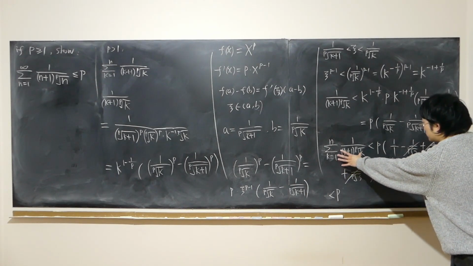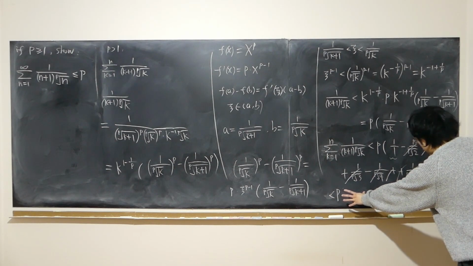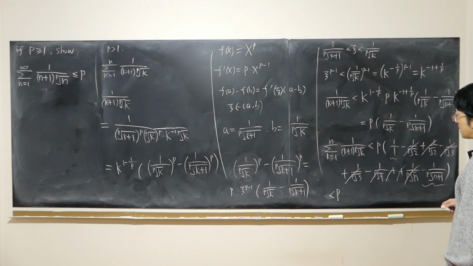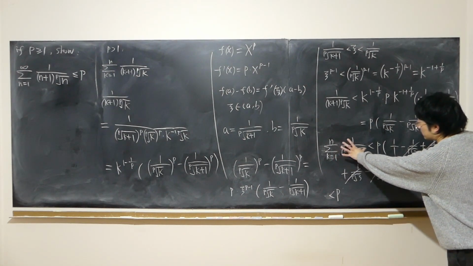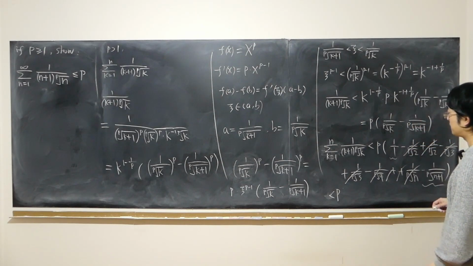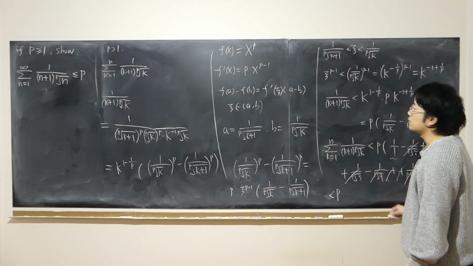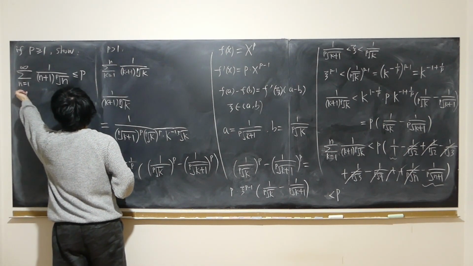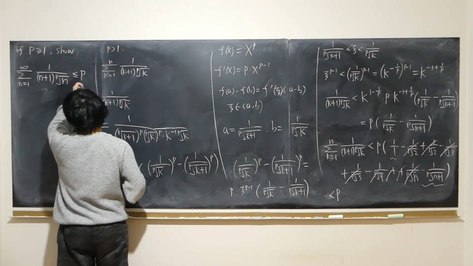So my finite sum is strictly less than p. If I let n approach infinity, I can say that the infinite sum is less than or equal to p, right? So in other words, if I let n go all the way up to infinity, this can be no larger than p.